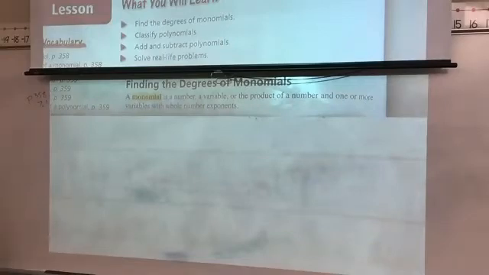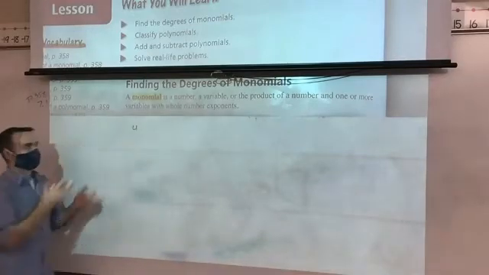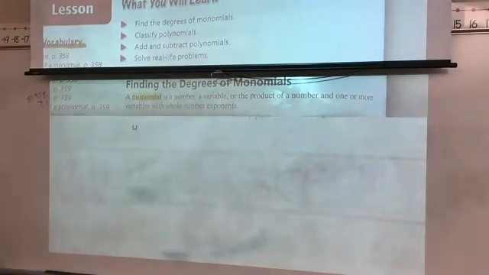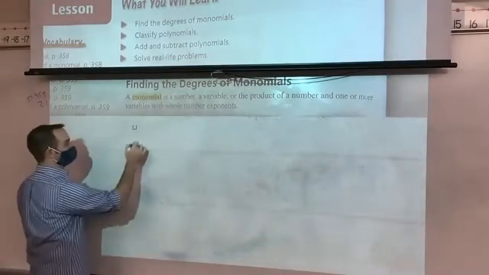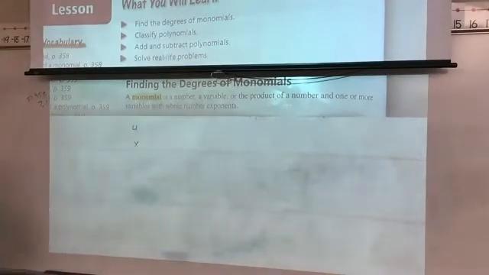So a lot of different things that a monomial could be here. It could just be a number, that's a monomial. Could just be a variable, also okay, that's considered a monomial.